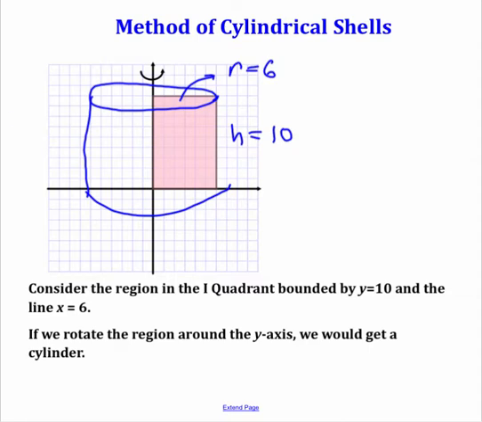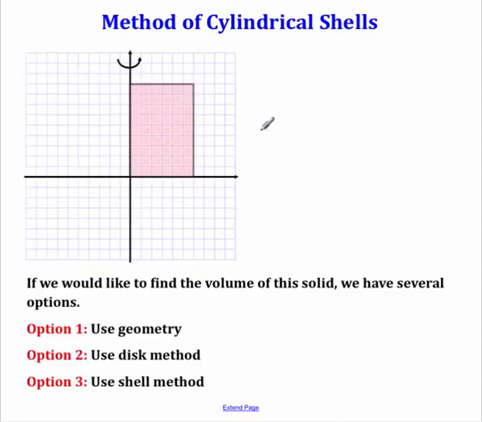So there are three methods we can use to find the volume, or at least three methods. We can use geometry. The volume of a cylinder is the area of the base, which is pi r squared, times the height. In our case, the radius is 6 and the height is 10.